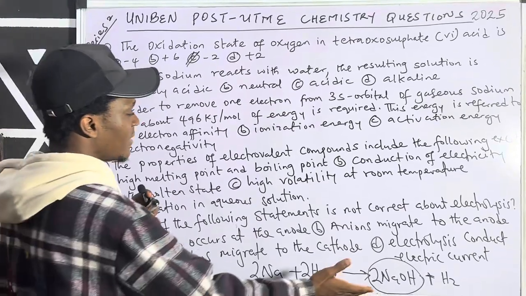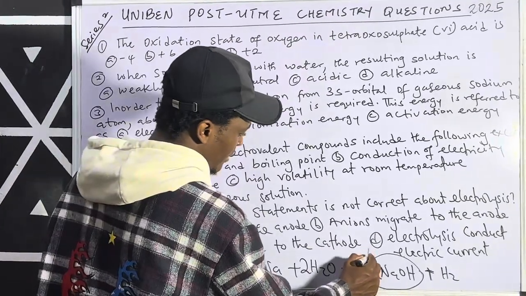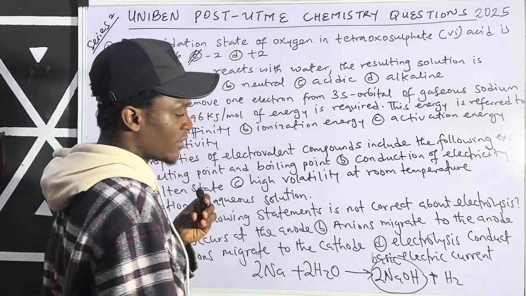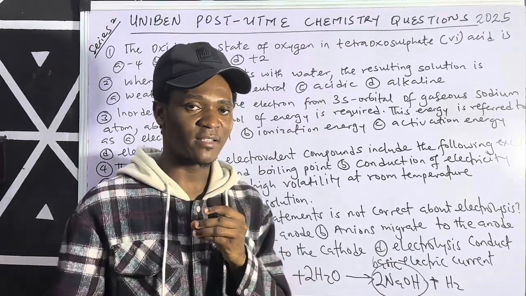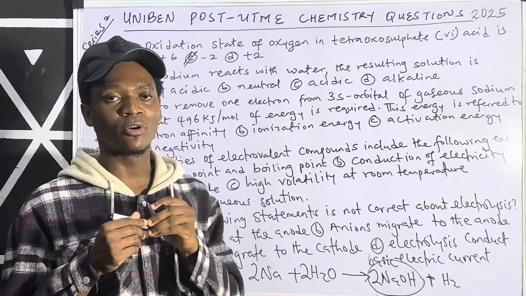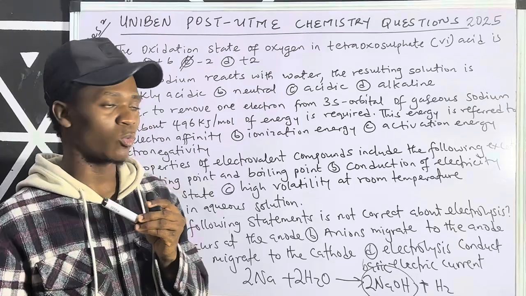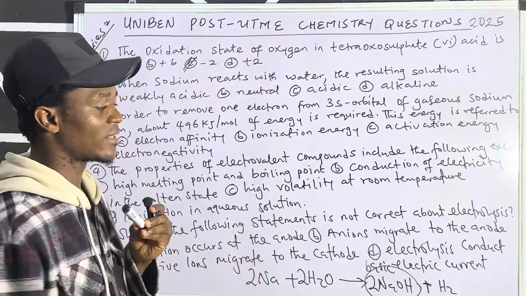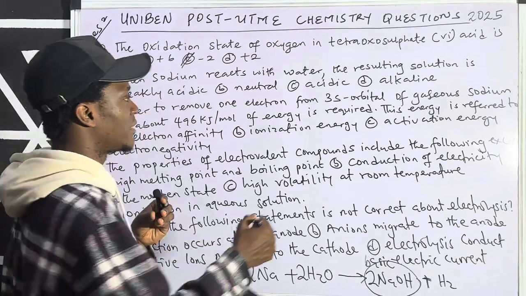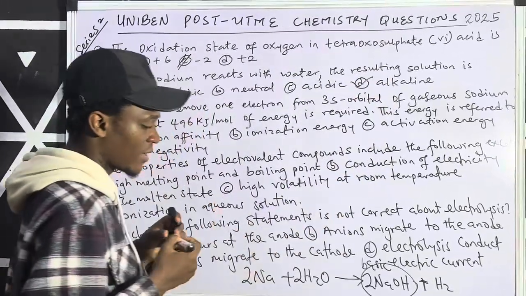Now this compound happens to be a base, so it must be basic. Do you call it basic or do you call it alkaline? So the kind of solution that you obtain when sodium reacts with water violently is an alkaline solution. So the correct option is option D, alkaline.